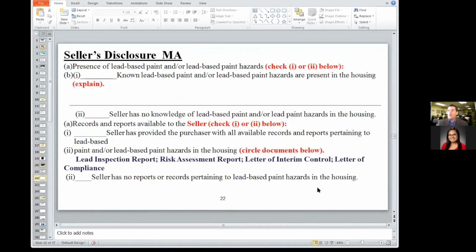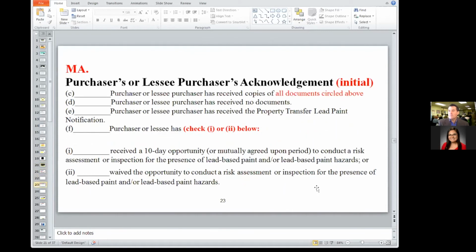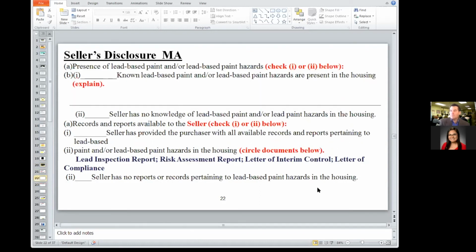Okay, so the paragraph above B. I'm going above to B right now. And B is they know they have lead-based paint hazards. I assume that's the one they're talking about.